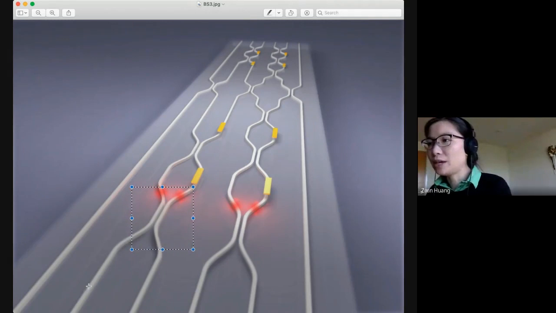So what happens here is that if you inject light into one of these waveguides, and get the coupling distance between these two waveguides correctly, it turns out you can make the light come out 50-50 on this path and this path. And we call that dual rail encoding.